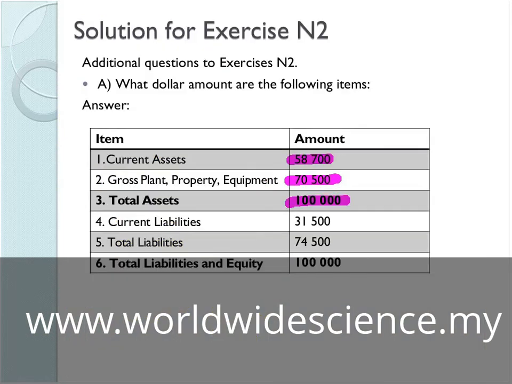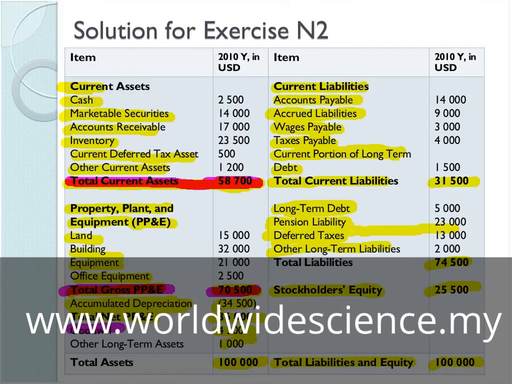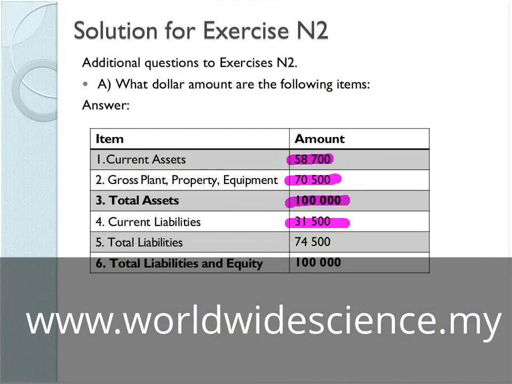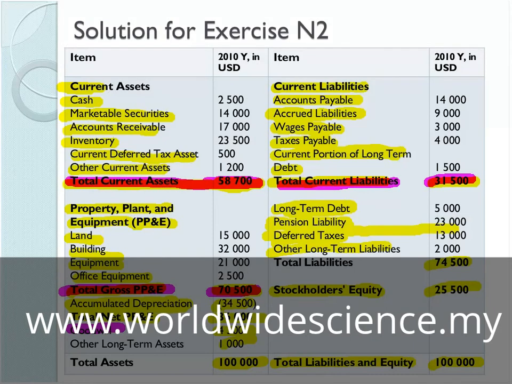And total assets is equal to 100,000, right? The current liabilities is 31,500. Let's go back. Yes, right. Total current liabilities is 31,500. And then we have total liabilities, which is equal to 74,500, right? Let's go back.